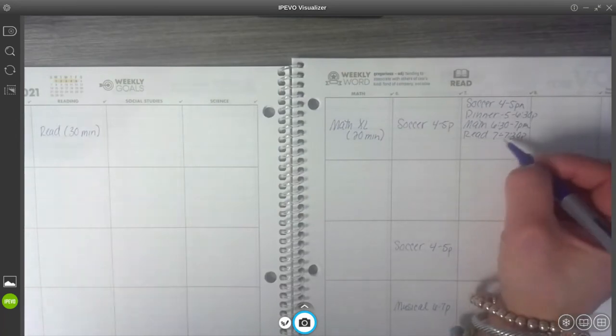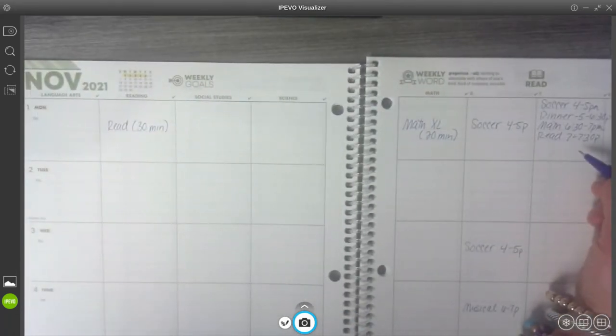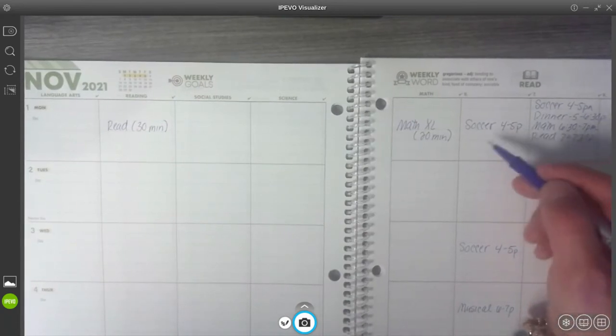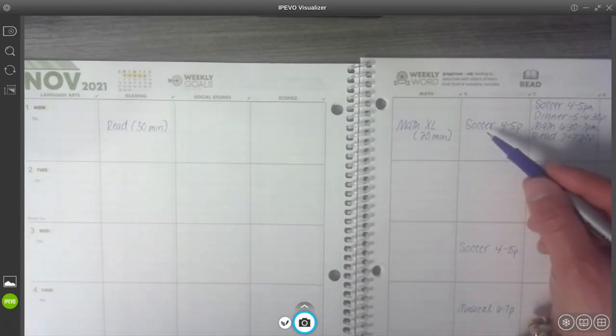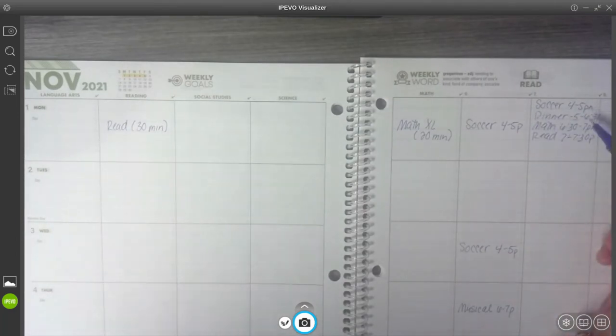And then after 7:30 would be anything else that they need to do. So this is a great way to break their day down with what is expected of them as far as school, their activities, and then also those commitments at home and what you have going on as a family. And then they plan out their evening to help them be independent and responsible.